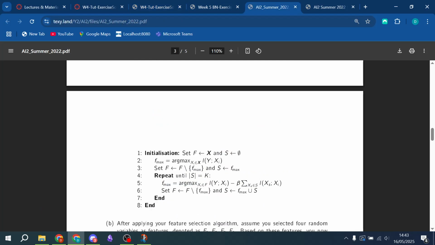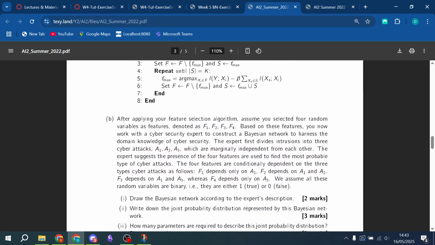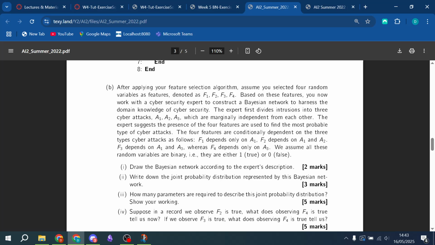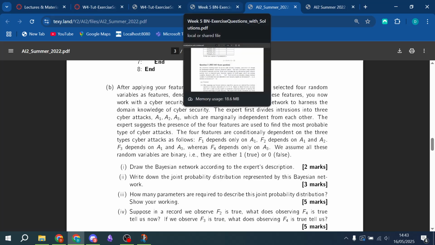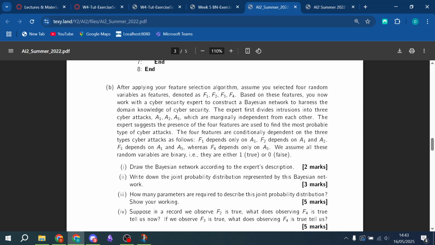Okay, this question was in the week 5 exercise sheet, because it's about Bayesian networks. Basically, you just have 4 features of the data and 3 class variables, but these are all just variables, and they are connected in a Bayesian network like it says here.